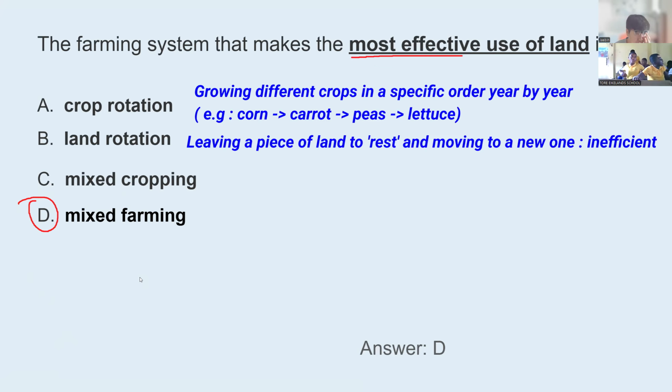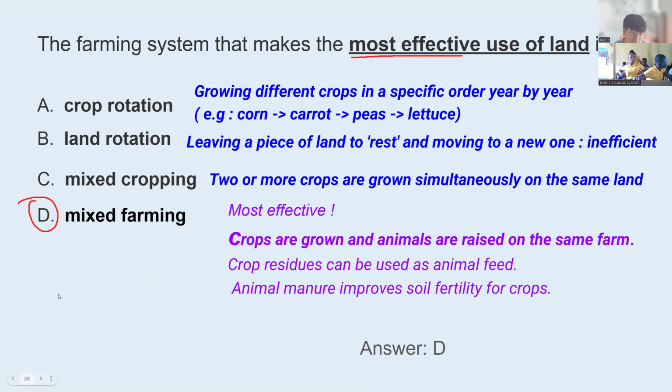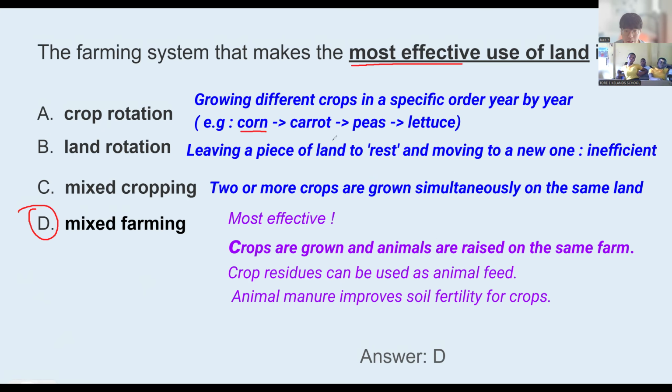So maybe some of you said A, crop rotation. Crop rotation is about growing different crops in a specific order year by year. So you can grow the corn first, and then carrots, and then peas and lettuces. Option B was called land rotation. Land rotation means leaving a piece of land to rest and moving on to a new one.